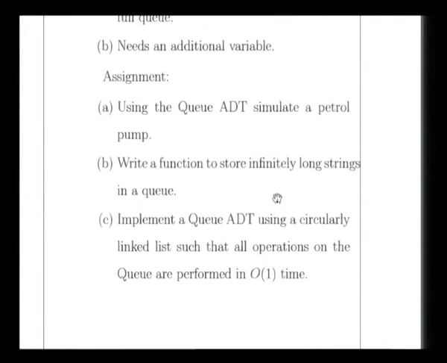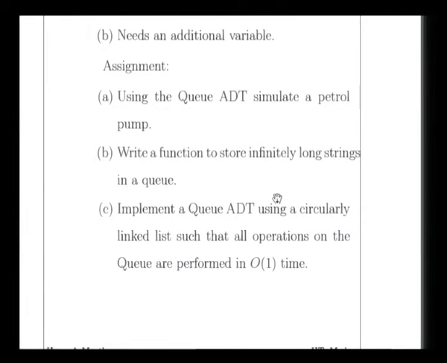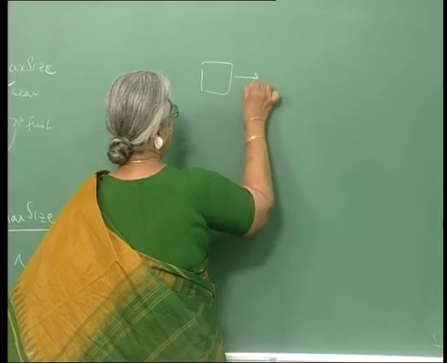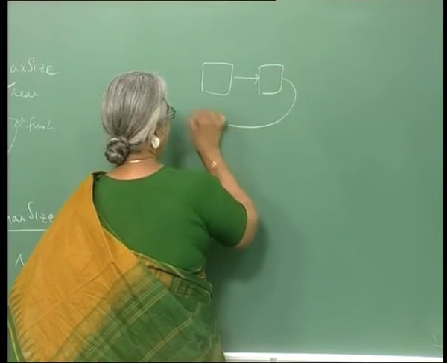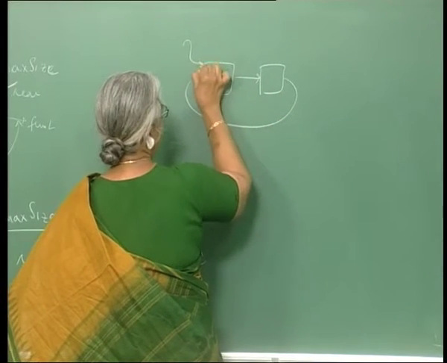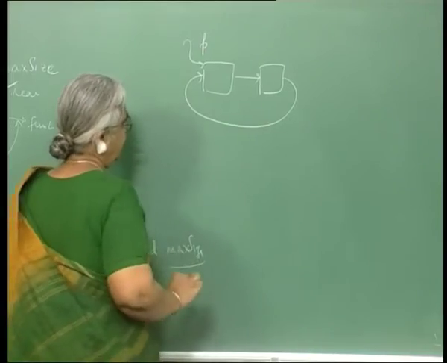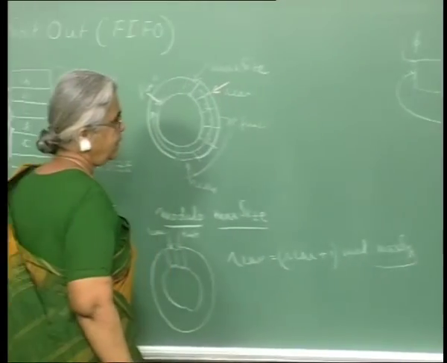Okay. Another very interesting implementation of queues is using a circularly linked list. That is, I am having a linked list over here, and I tie the back to the front, and I am giving you only one pointer p, no two pointers. We are not going to have front and rear.